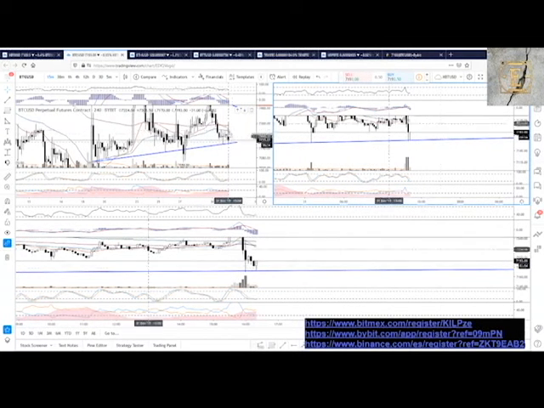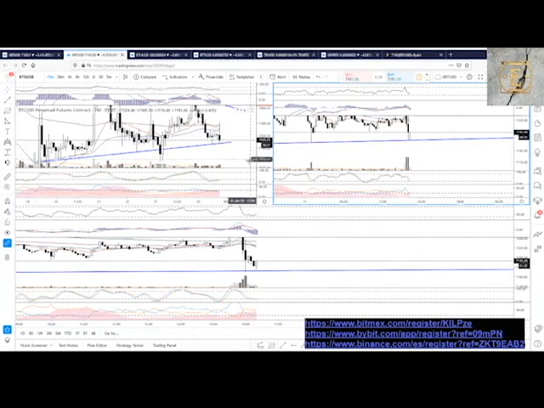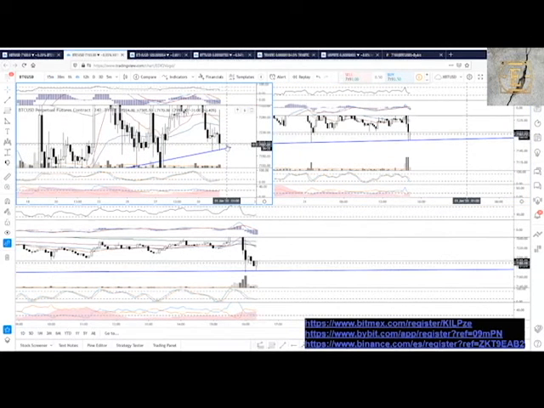And the 1 hour candlestick, even if we stay here 36 more minutes, is so ugly for bulls.